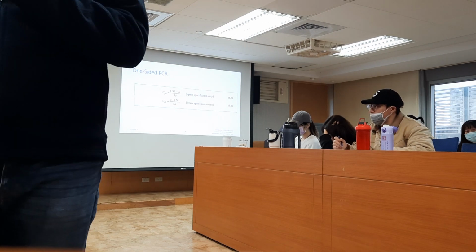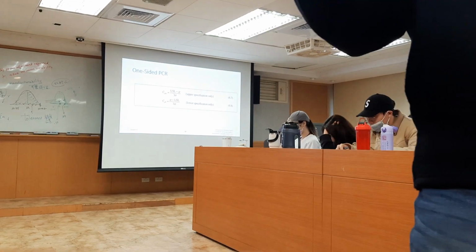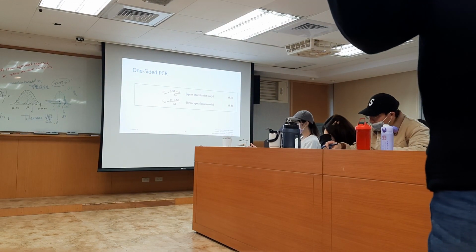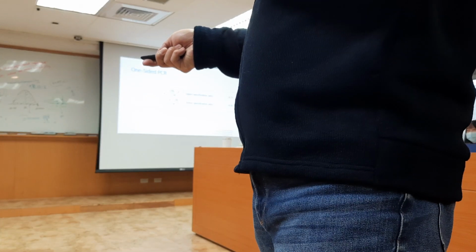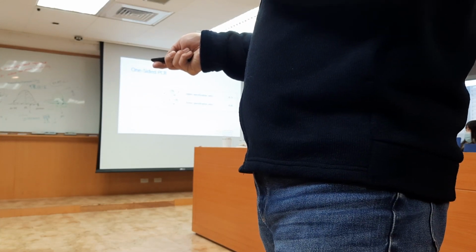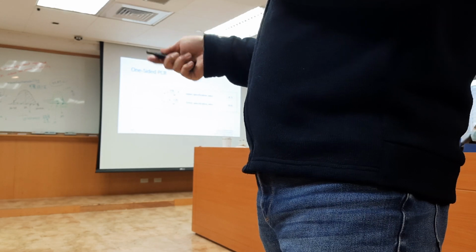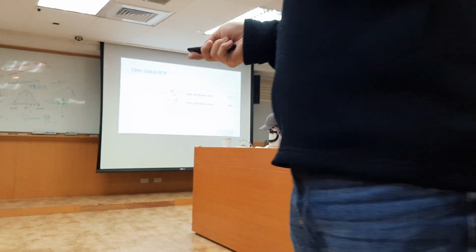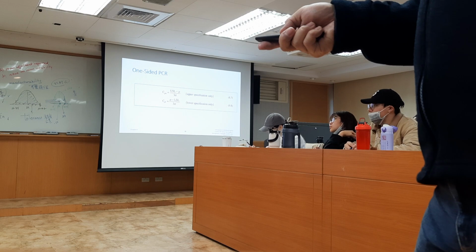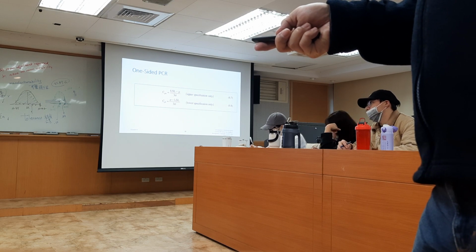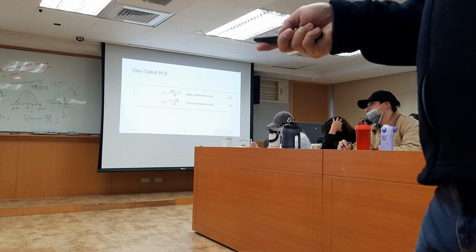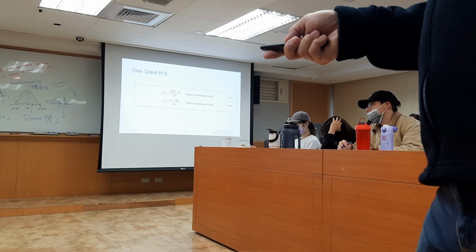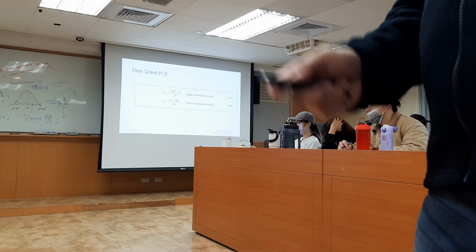On the contrary, the lower is mu minus the lower specification limit divided by 3 standard deviations. This is USL, this is LSL. This is called CPU, the upper potential capability, and this is called CPL, the lower potential capability.